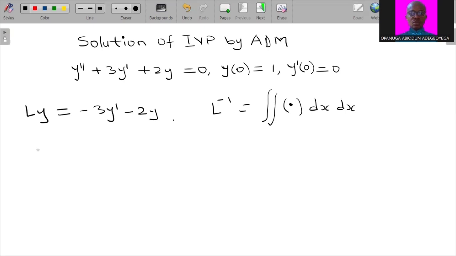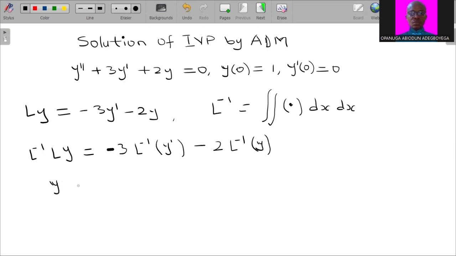So we can then apply the L inverse to both sides. We're going to have L inverse L y equal to negative 3 L inverse of y prime minus 2 L inverse of y.